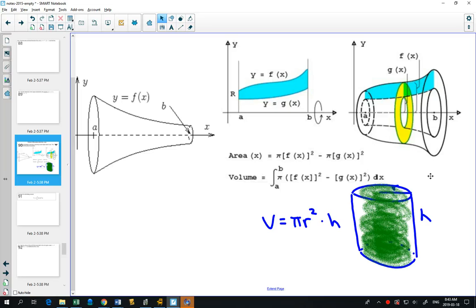So now we're going to get into volumes of shapes that we don't have formulas for. This first one is going to be the easy one, then we'll get to more complicated stuff later on.